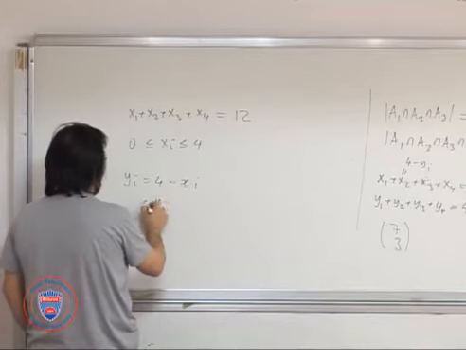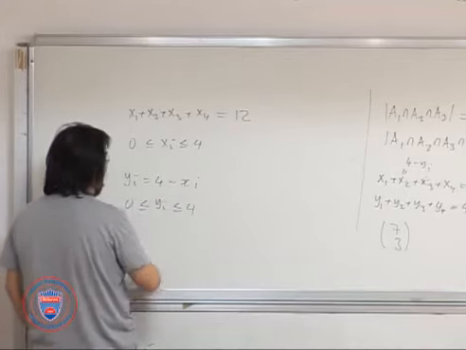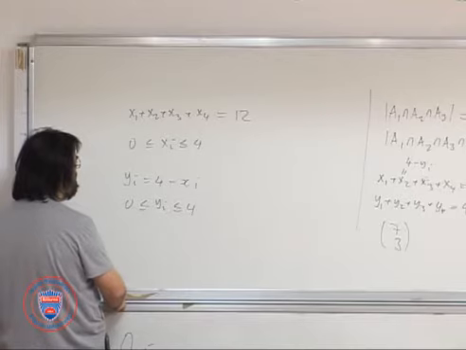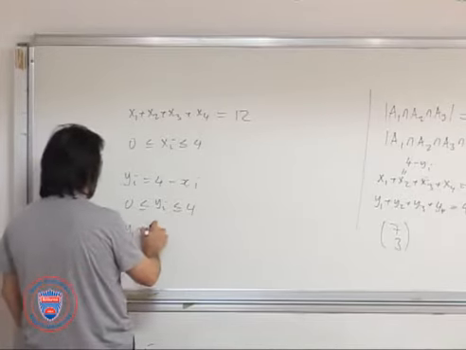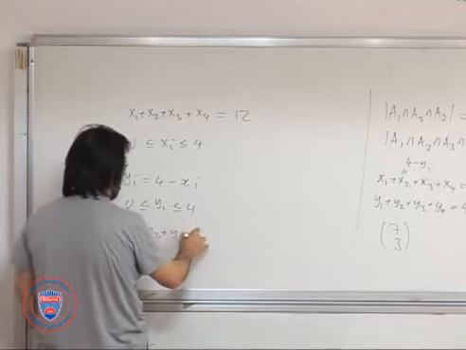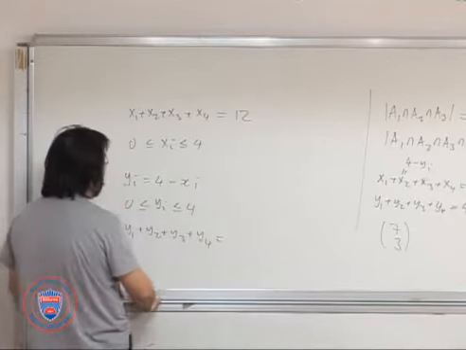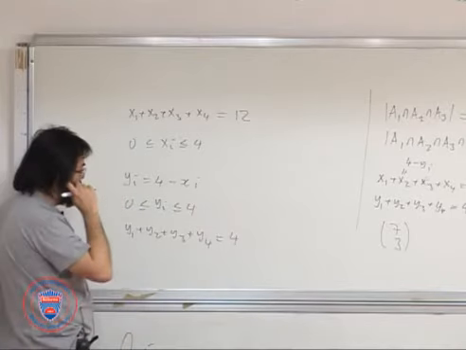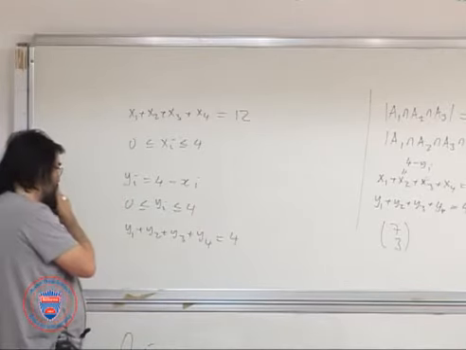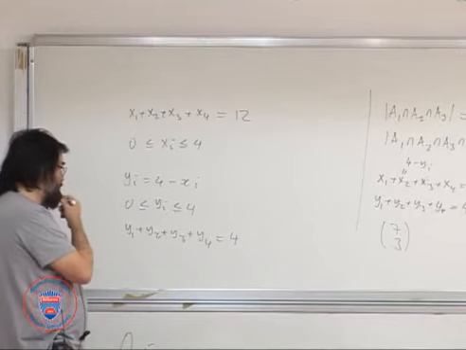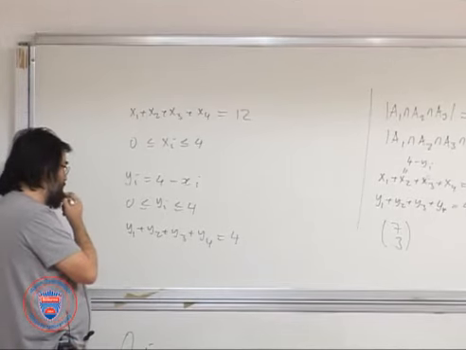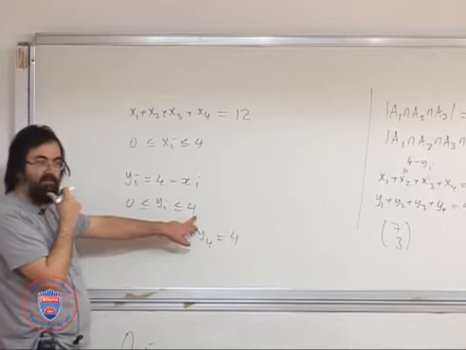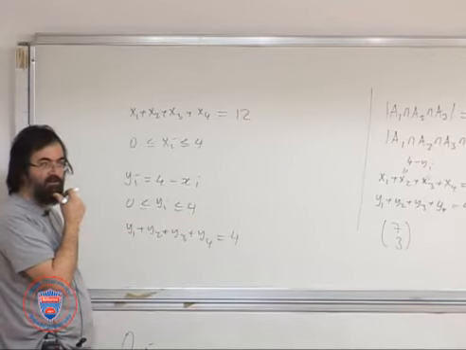So y becomes, because this is inclusion-exclusion, it gives you no restriction.